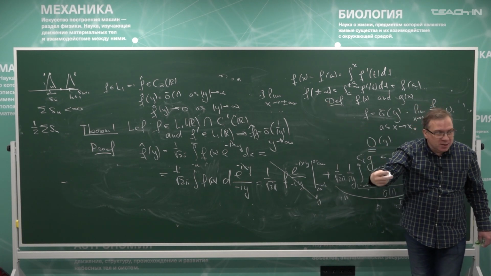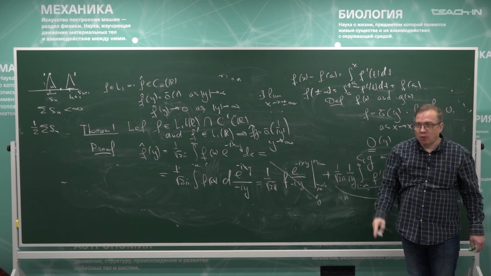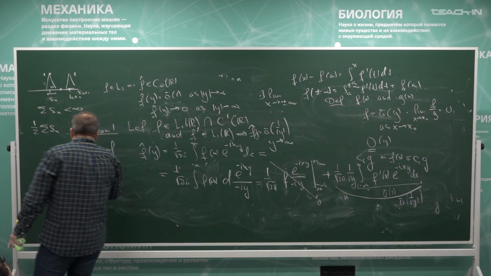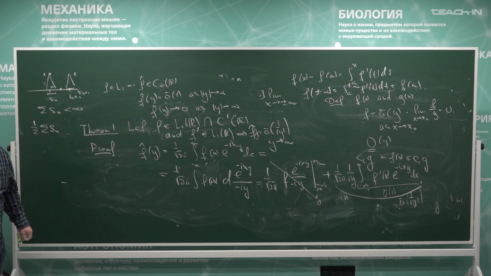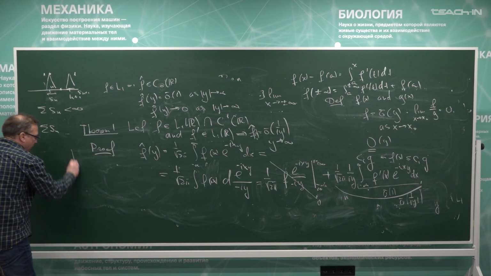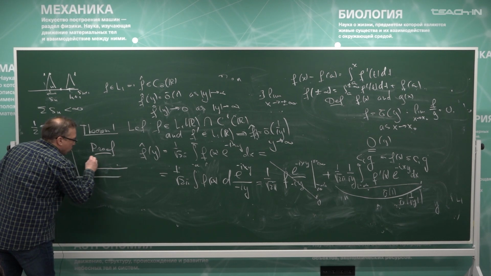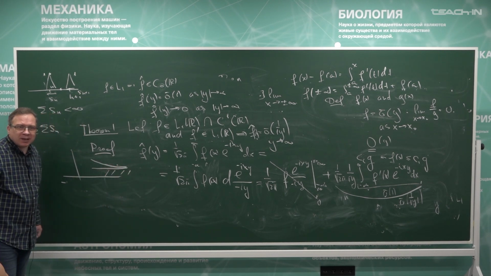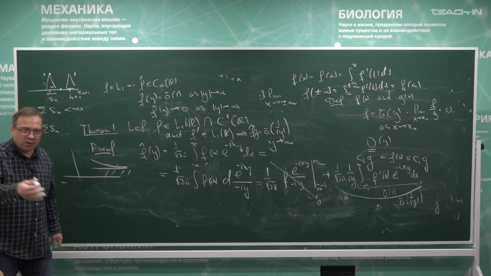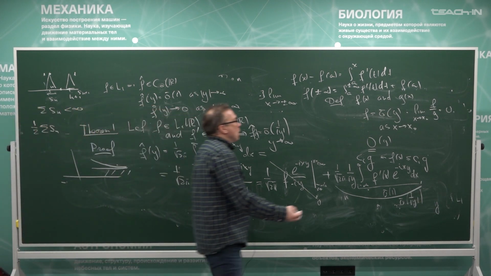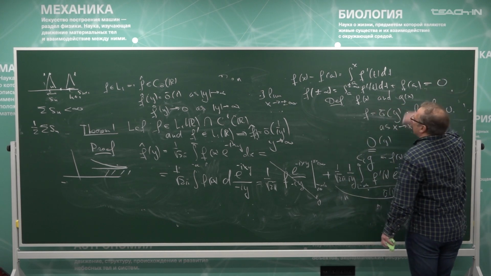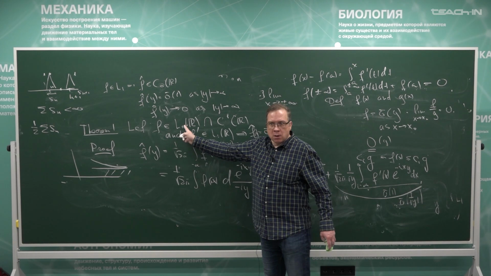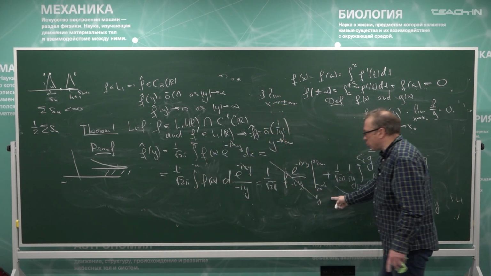What is the value of this limit? Your function is integrable, so the limit must be 0, because if it tended to some nonzero number, the integral would be infinite. So we immediately obtain that it is 0.